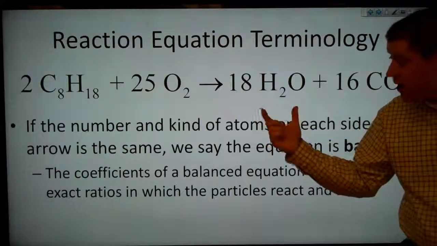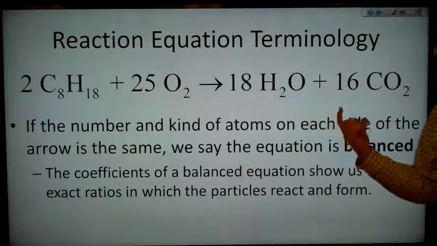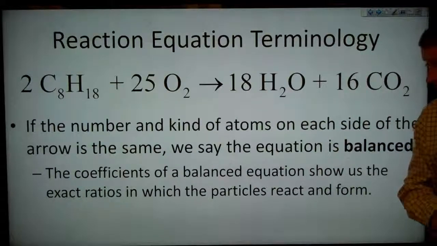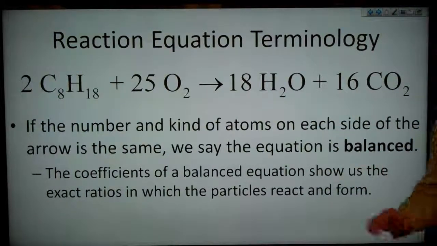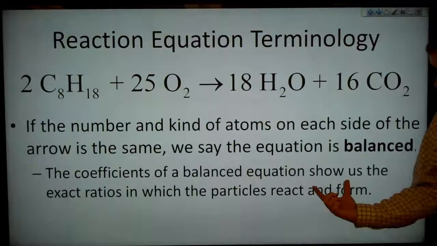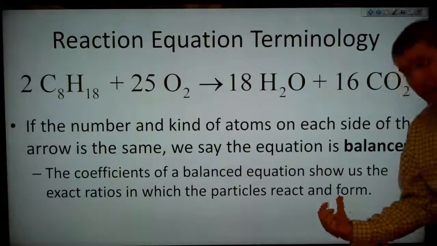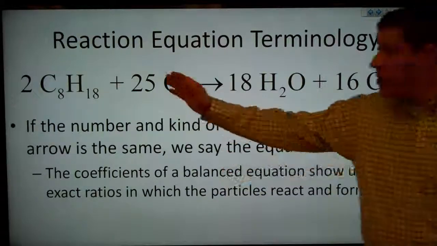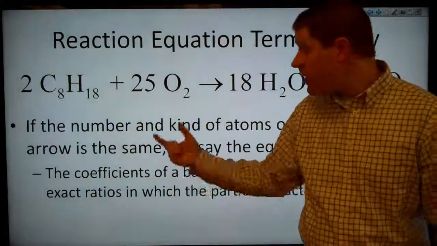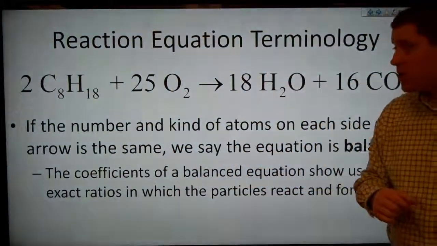So, if the number and kind of atoms on each side of the arrow is the same, then we say that the equation is balanced. So here I have a balanced equation. The coefficients of a balanced equation show us the exact ratios in which the particles react and form. So, we have 2 molecules of octane reacting with 25 molecules of oxygen.